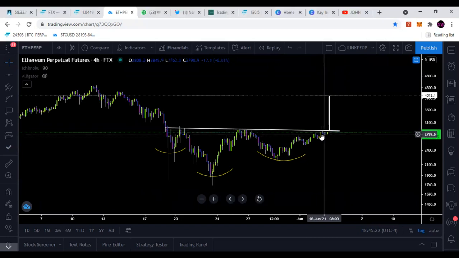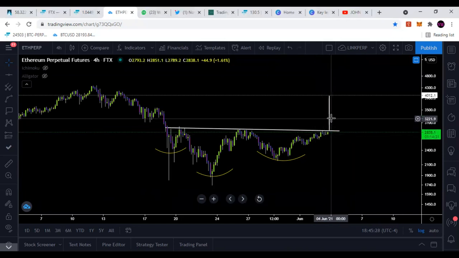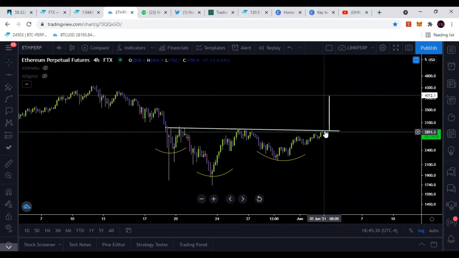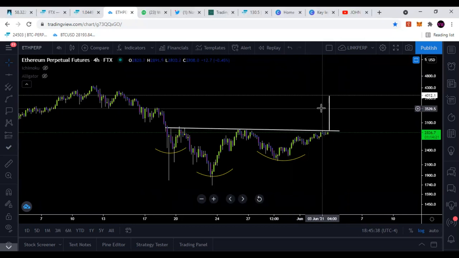So at this point now, price is leaning on this level, trying to see if it could just break out from this level. So once we get a breakout and the body of the candlestick closes above this down sloping resistance, we're going to get more push to the upside.